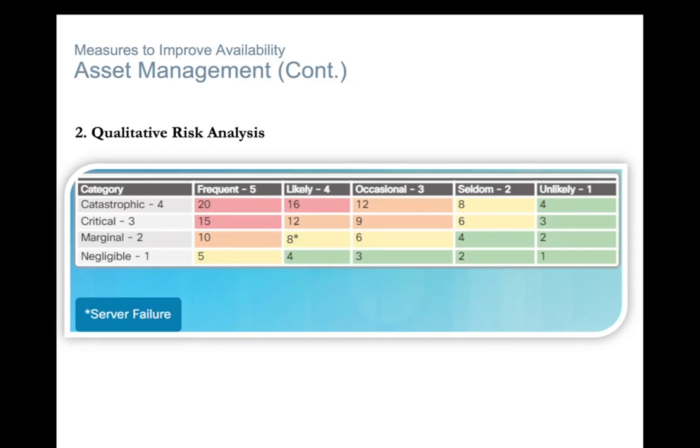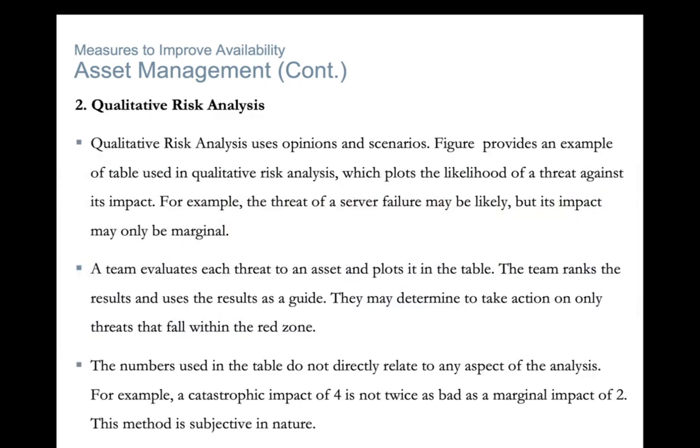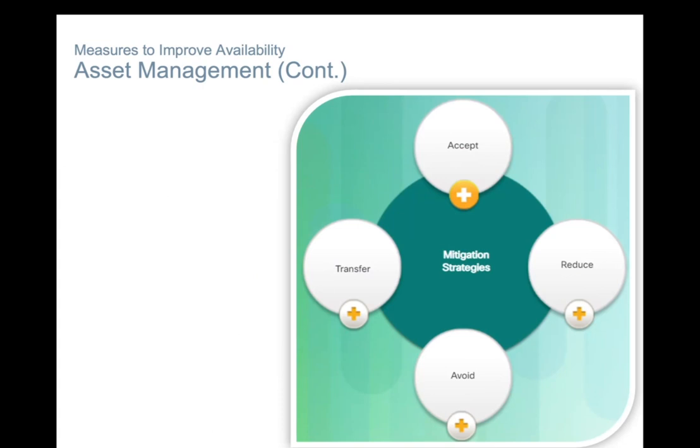The next one is mitigation. In the mitigation strategies for your asset management, we improve availability by using the five-nines concept.